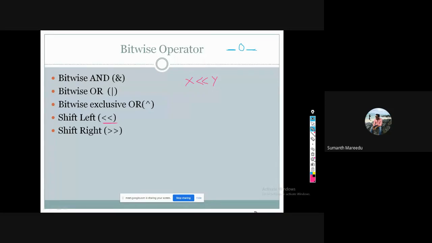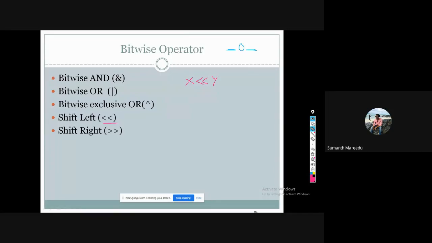When you come to bitwise AND or bitwise OR operations, both the operands are converted into binary representation. When I write A and B, A is converted into binary representation, B is also converted into binary representation, and the AND operation is applied.